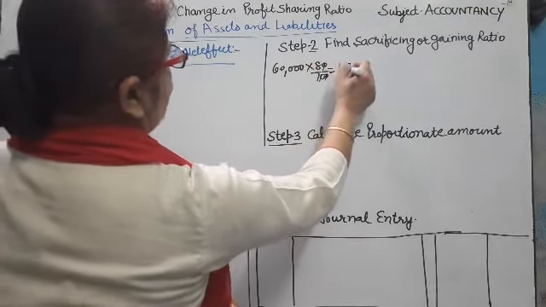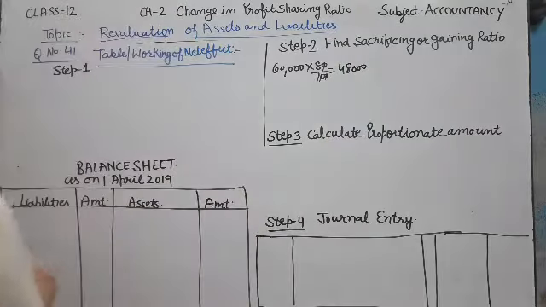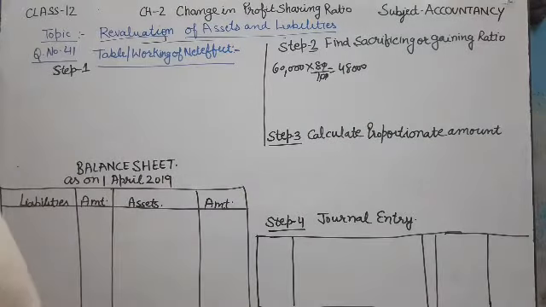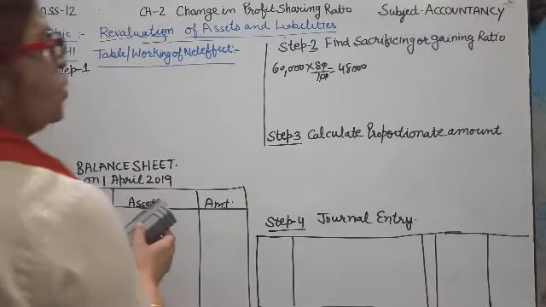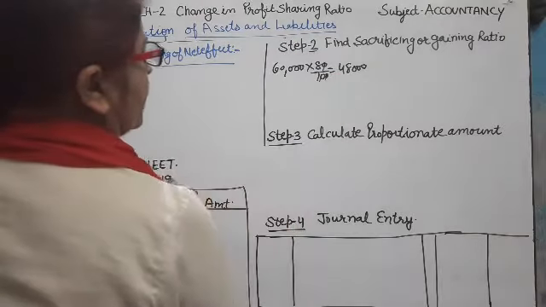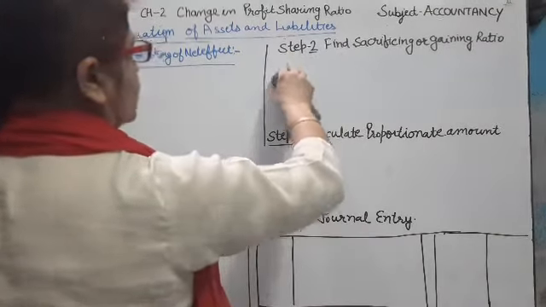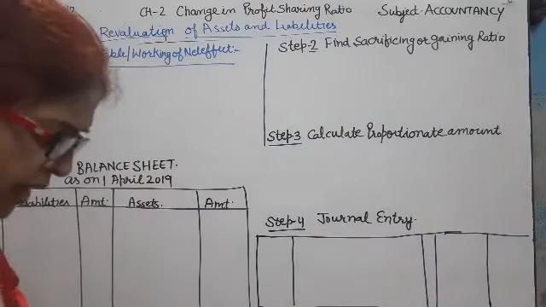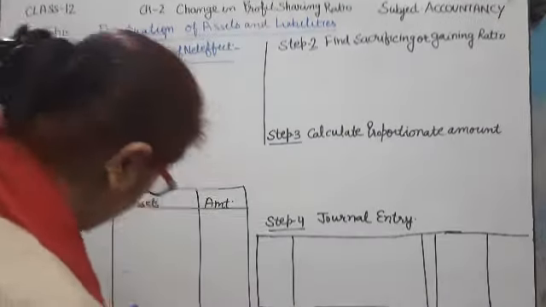That means now the furniture value is only 48,000. That means the loss is 12,000, 60,000 minus 48,000.